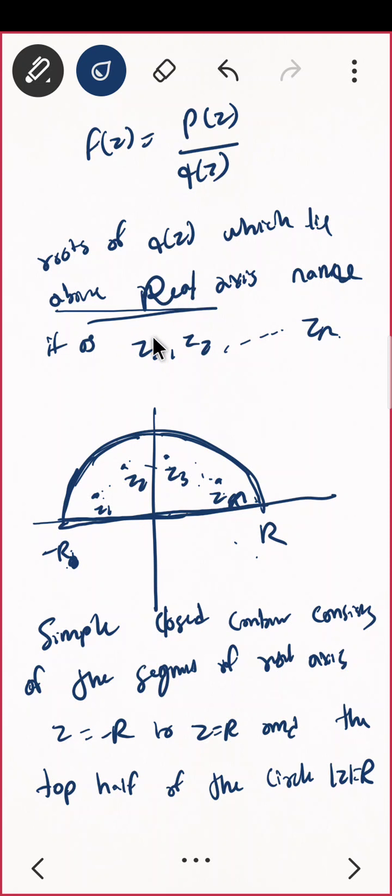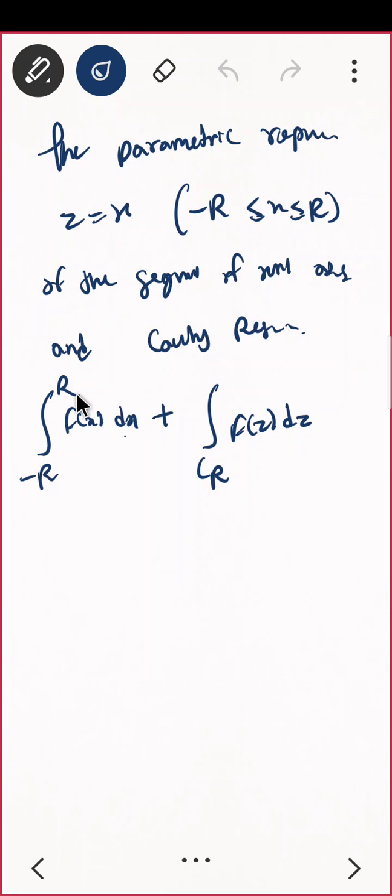Now by the Cauchy residue theorem, I am just breaking the integral: one is minus r to r of f of x dx, and one is integral over Cr of f of z dz, and that should be equal to 2 pi i into the sum of residues.